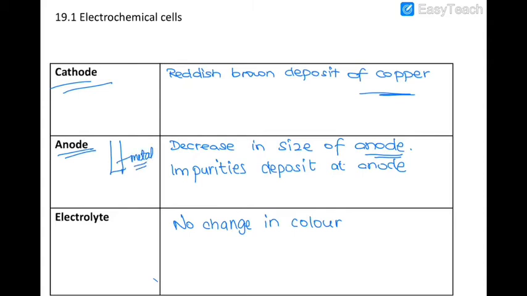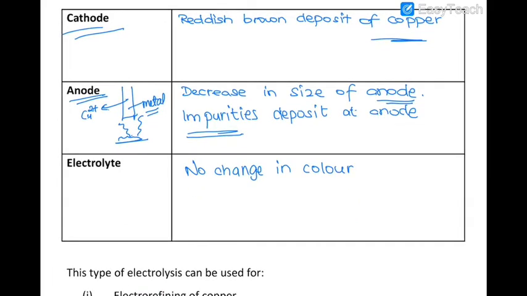So all the impurities are going to be deposited at the bottom of the anode. We'll see the impurities deposited. And the pure copper is going to get converted to Cu2+. The electrolyte will not be any different because the concentration of Cu2+ stays the same.